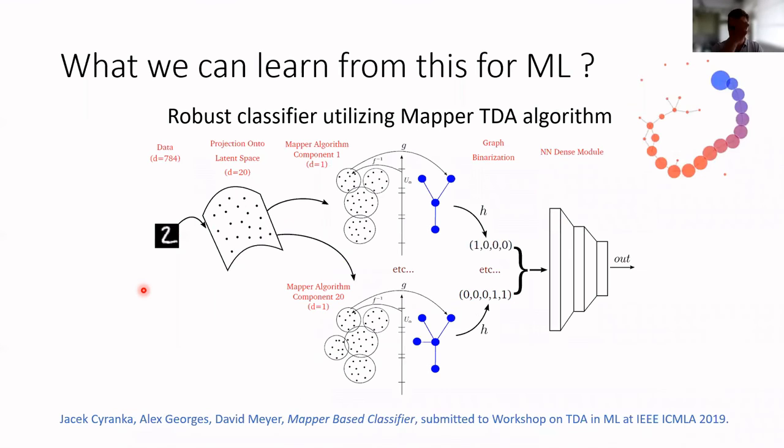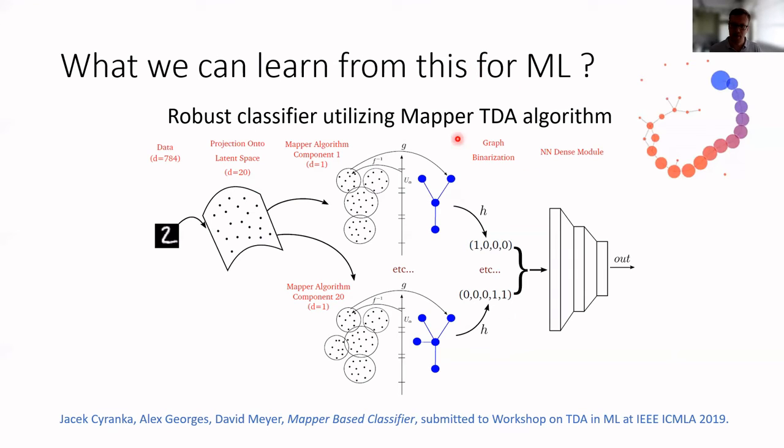So let's see how we could use it for an image classifier. The first naive idea is to replace the dense layers of the neural network with that algorithm. For the whole data set, first I project it onto a latent space, then I construct the graphs, and I get binary features out of that.